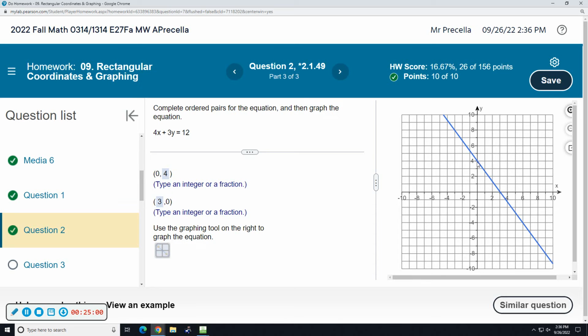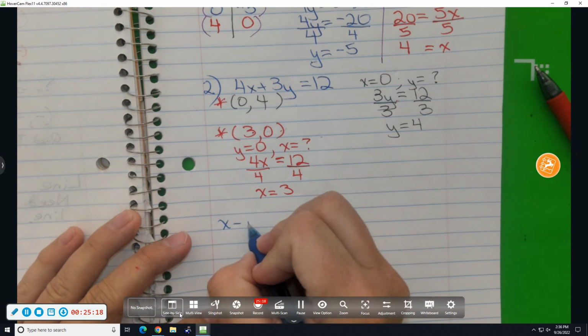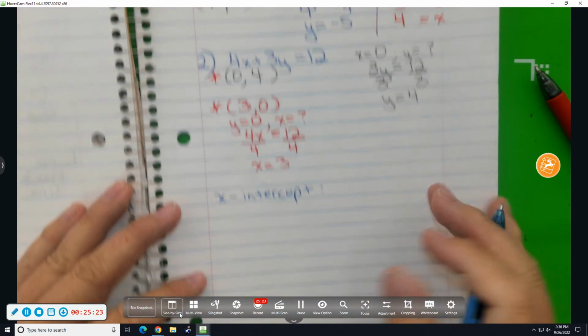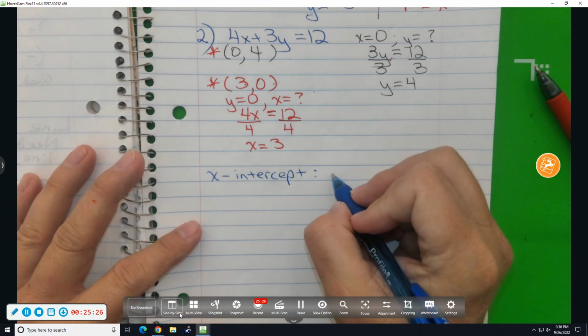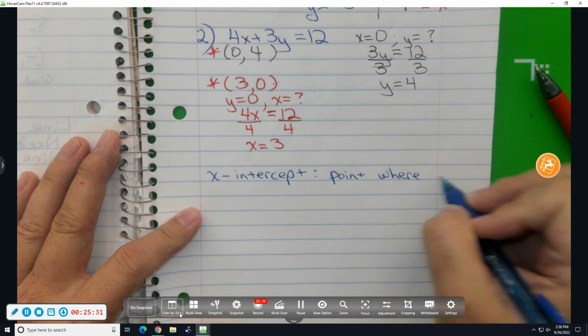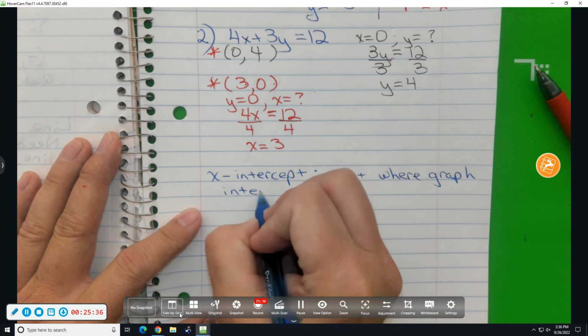These points where the graph intersects the x and y axes are called intercepts. The point where the graph passes through the x-axis is called the x-intercept. The x-intercept is the point where the graph intersects the x-axis.